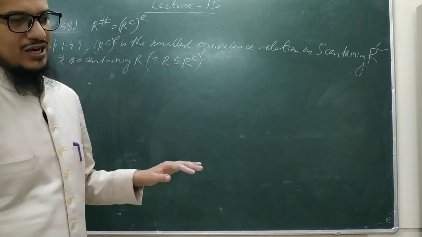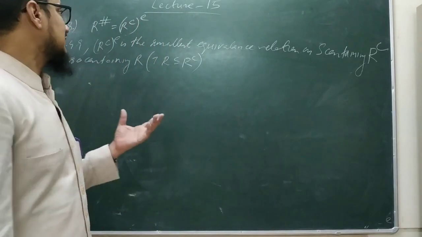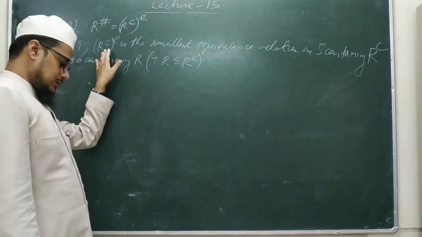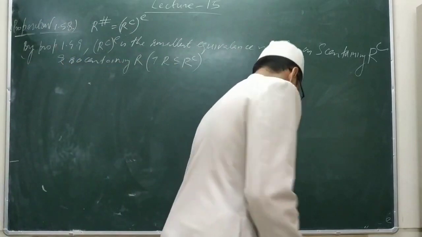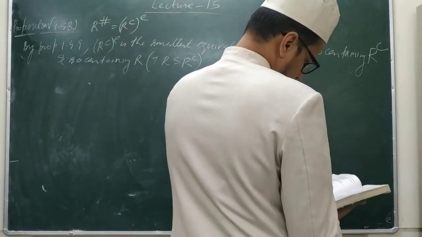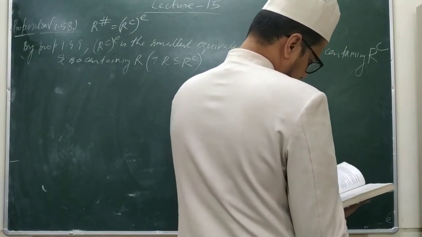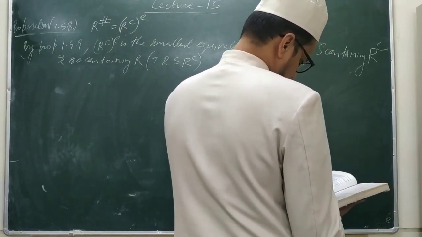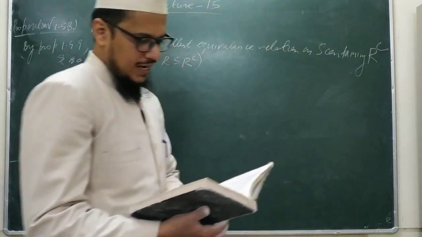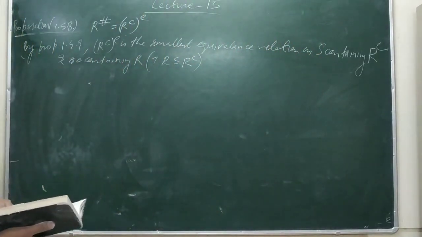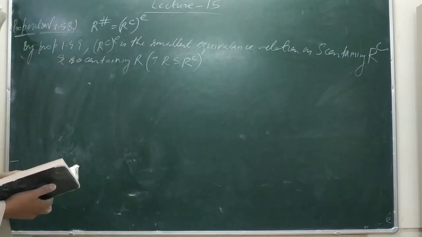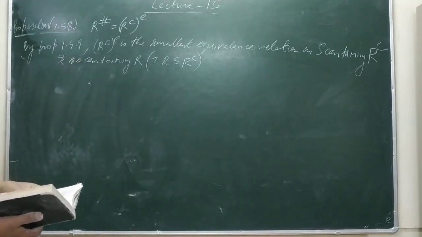And after proving compatibility, it will be proved that RCE is R hash. Basically, before proving this, I have to prove lemma 1.5.7. So I pause here, and before this, I have to prove one more lemma, that is lemma 1.5.7, which I forgot to tell.